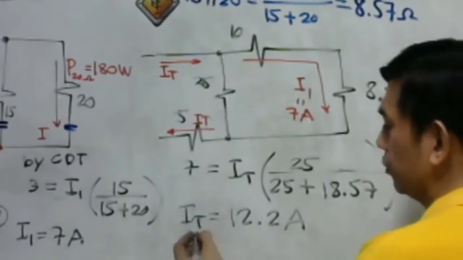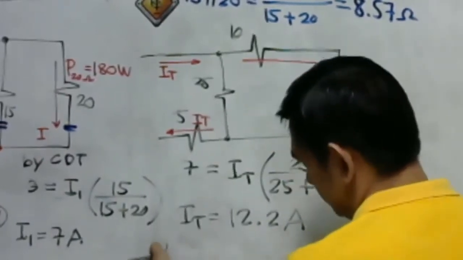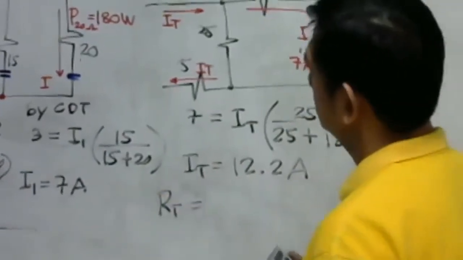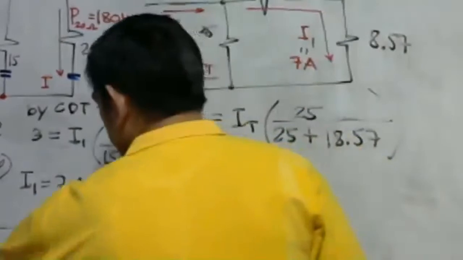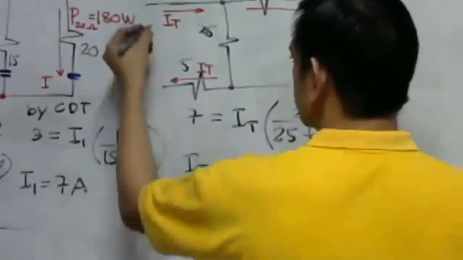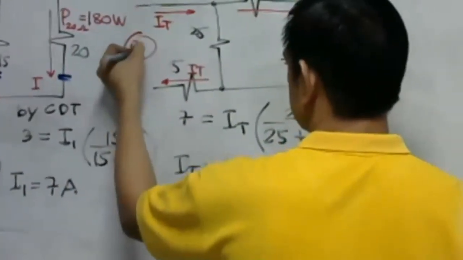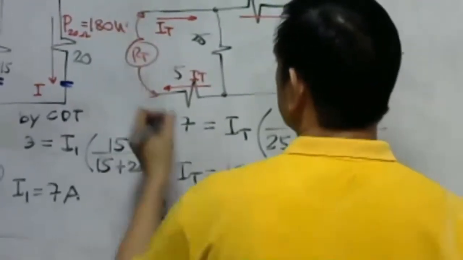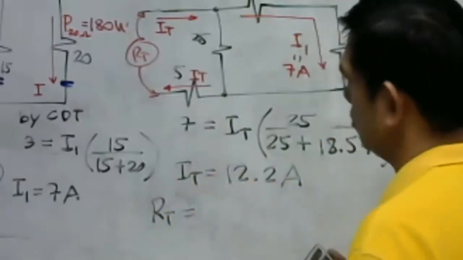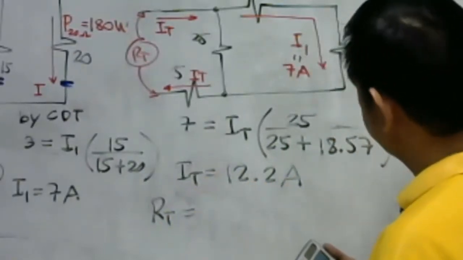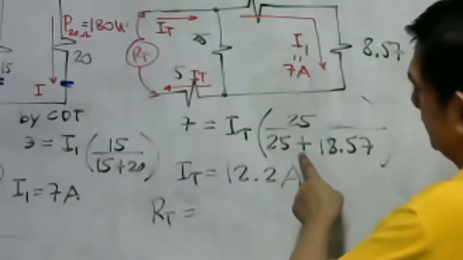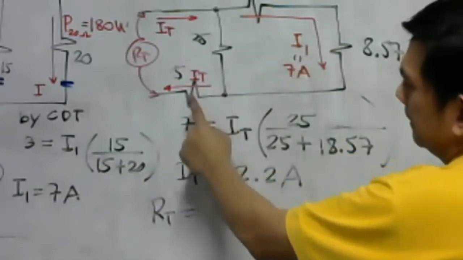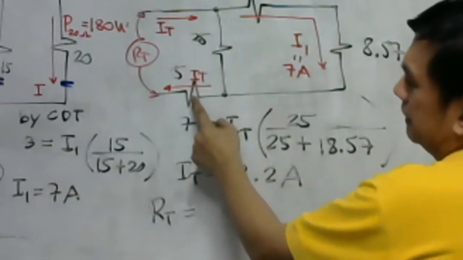We have to get our total resistance. What is our total resistance? Again, replace the voltage source by the ohmmeter, from this point to this point. Replace your voltage source; that is your ohmmeter. Okay. Remember that this is 18.57 in parallel here, in series here.